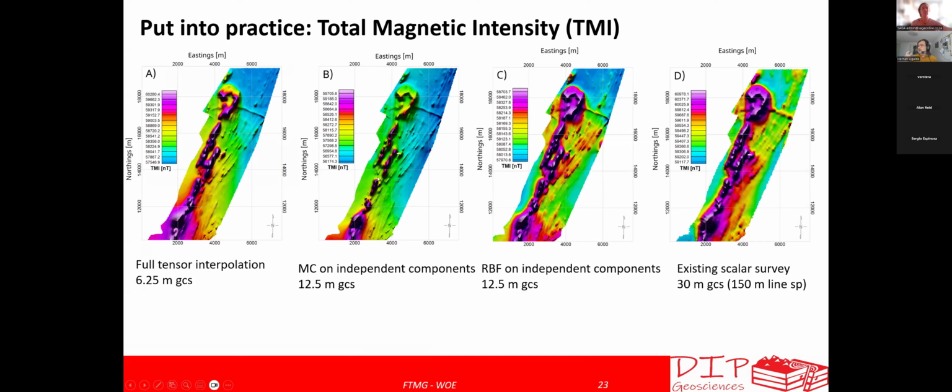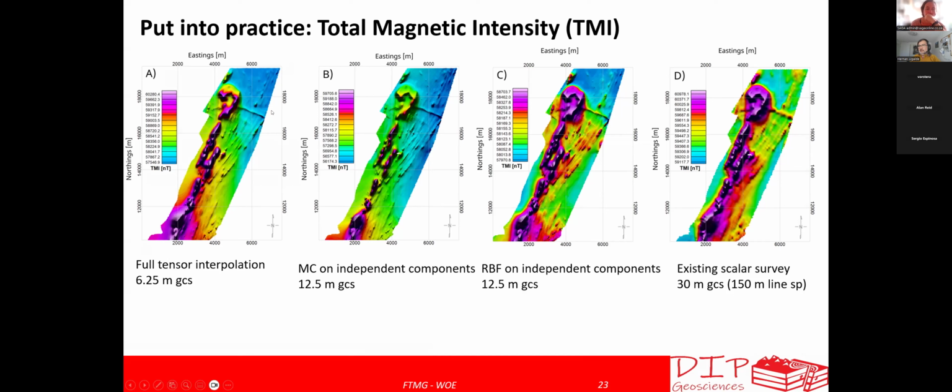This is just using minimum curvature on independent components. This is using RBF, and this was an existing scalar survey at 30-meter grid cell size. So it was 150-meter line spacing. This was flown at 50. So of course I have 3 times as many lines on the one on the left compared to the scalar.